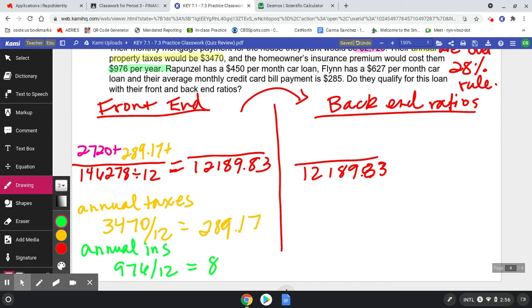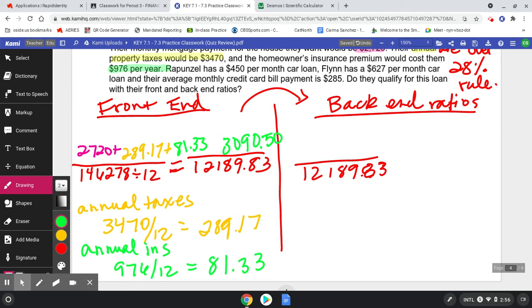And so that's $81.33. Okay, now I'm going to add these all up together. 2,720 plus 289.17 plus 81.33. And that gives me a total housing expense of $3,090.50.